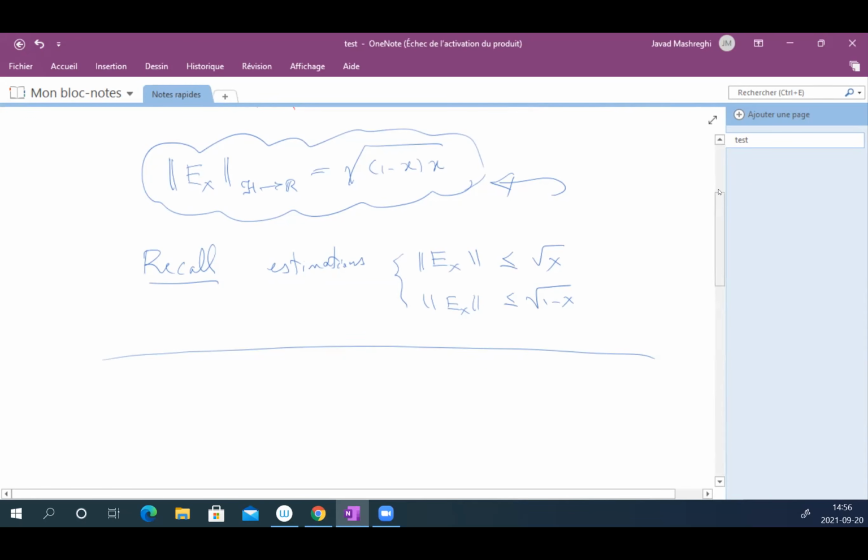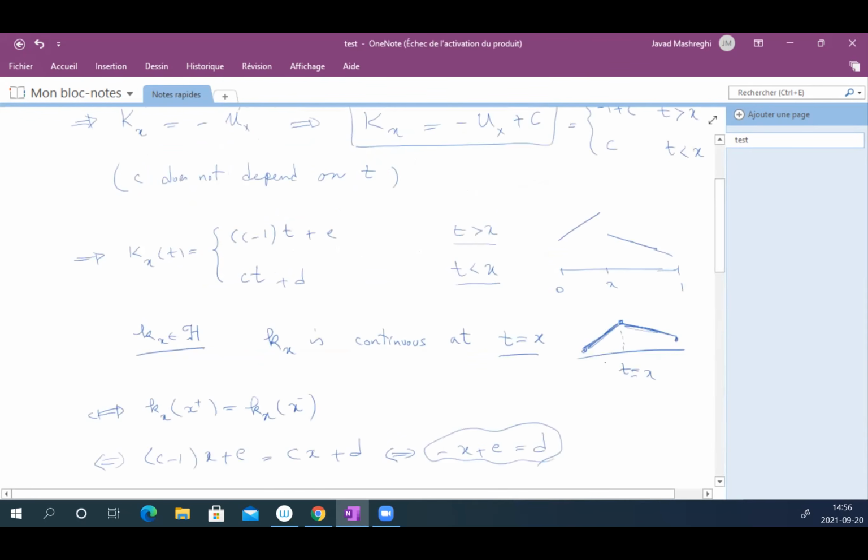If I go back, yeah, you see, over here and over there, kx is linear. So when you take the derivative it is a constant, and 2 different constants in general. It's okay, it doesn't matter. 2 different constants is in L2.